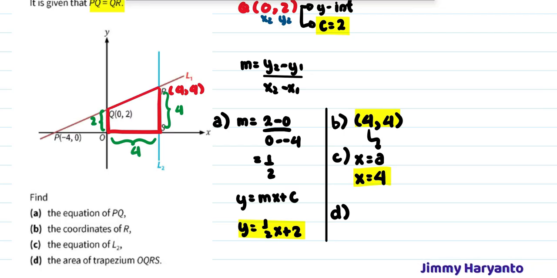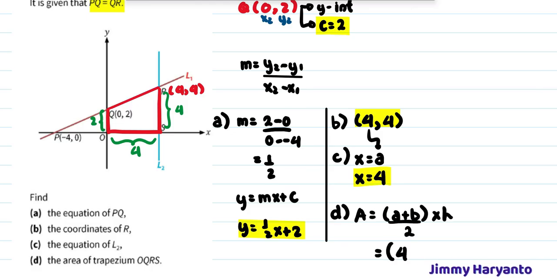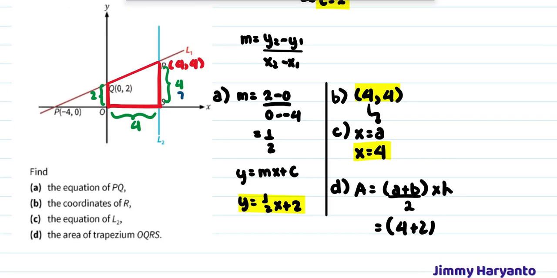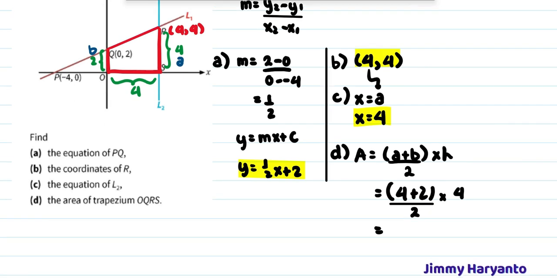The formula for a trapezium is a plus b over 2 times the height. So which one is a and b? This one is a, this one is b. The a is 4, the b is 2, over 2 times the height, which is 4, equals 6 times 2 equals 12. There you go.